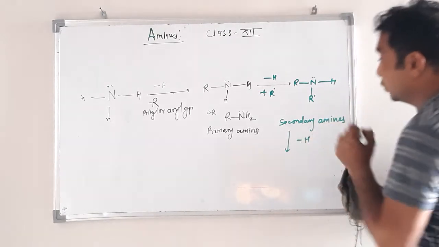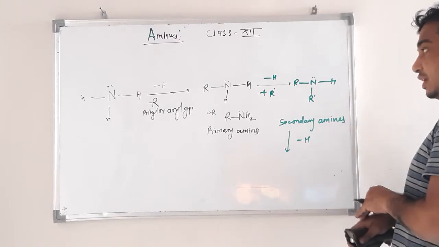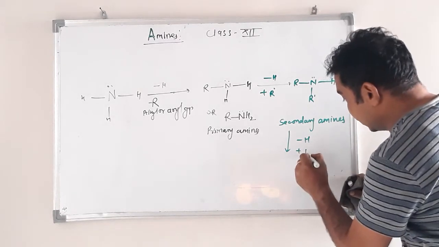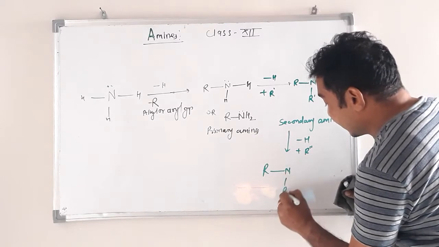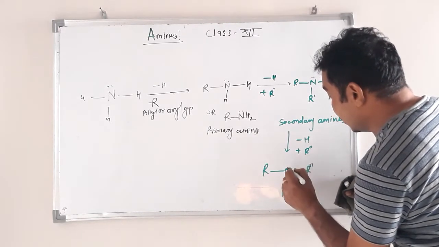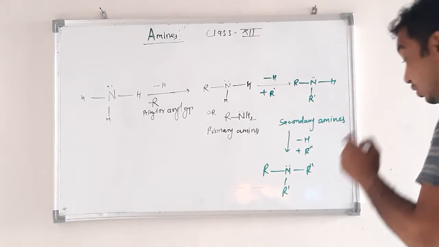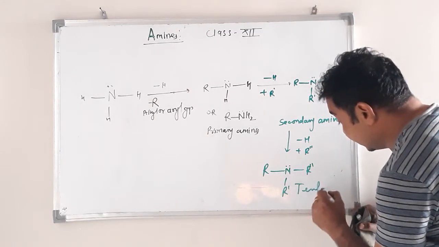Again, if I replace the last hydrogen attached to nitrogen by an alkyl group or aryl group, then this type of compound is obtained, called a tertiary amine.